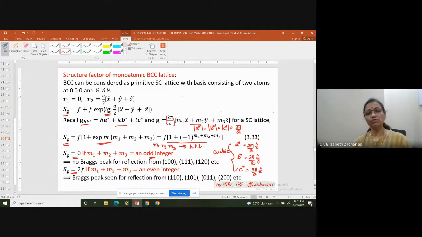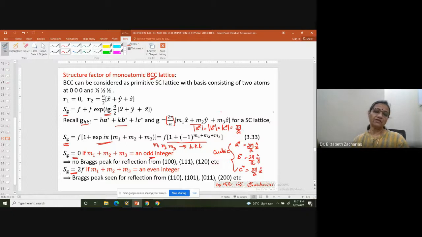So this M1, M2, M3 are also the same as your HKL. It's HKL only. So now what do you conclude from all this? You can conclude that for a BCC lattice, Bragg's peak, you will not see for H plus K plus L being odd.